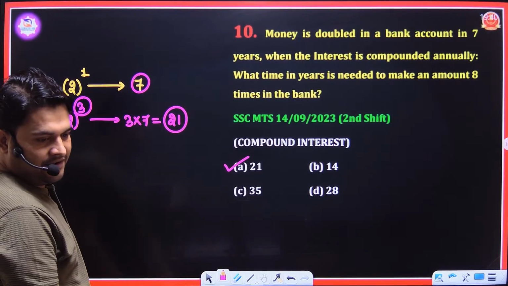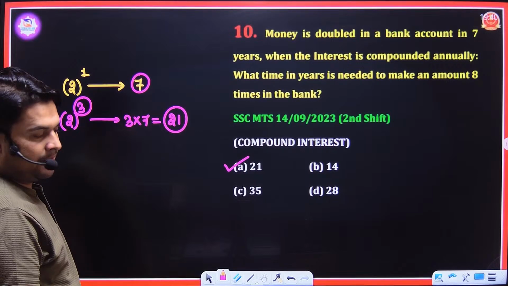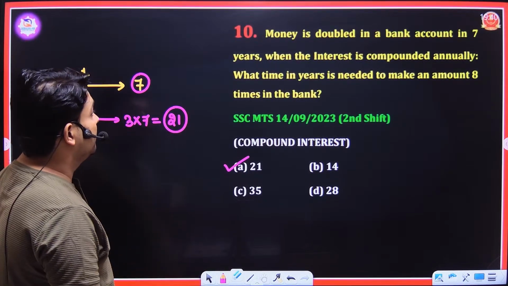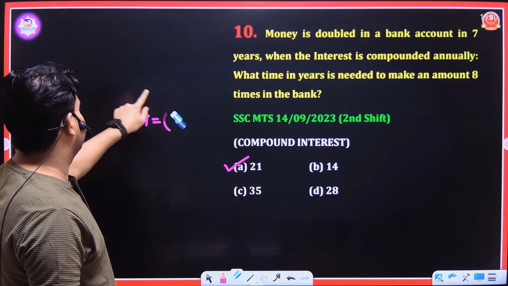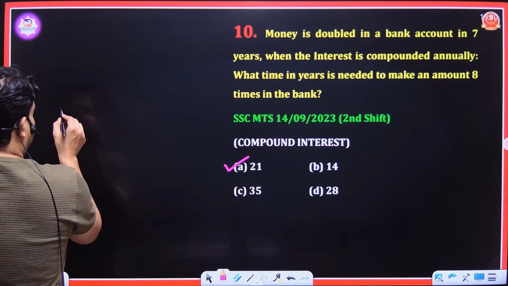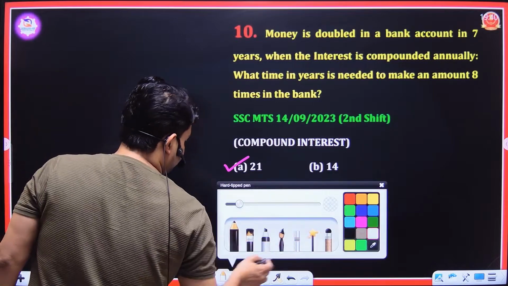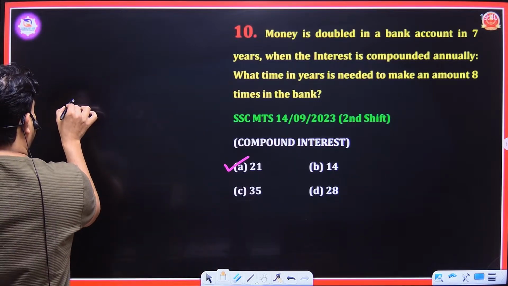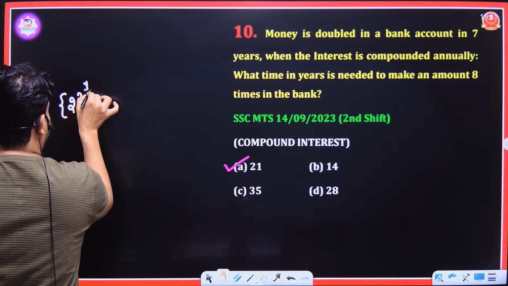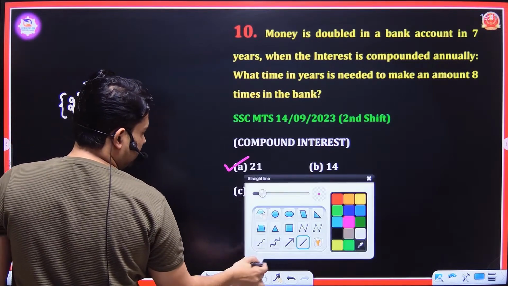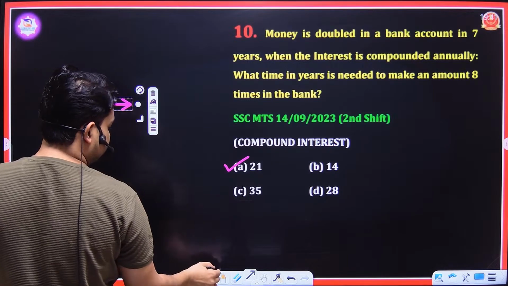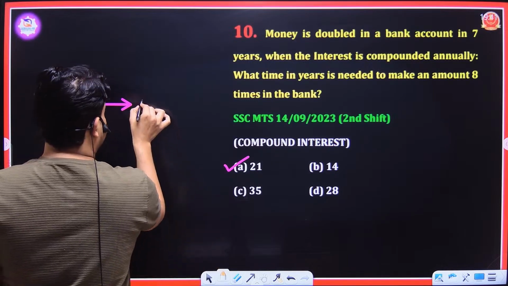Is this question clear to you? I will write it neat and clean. Double means 2 to the power 1 in 7 years.